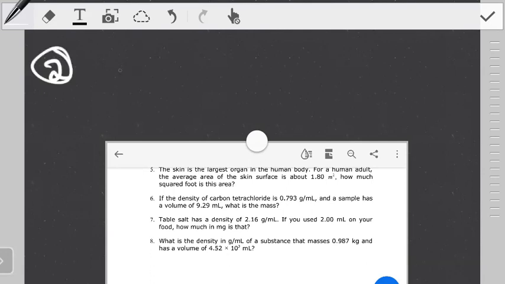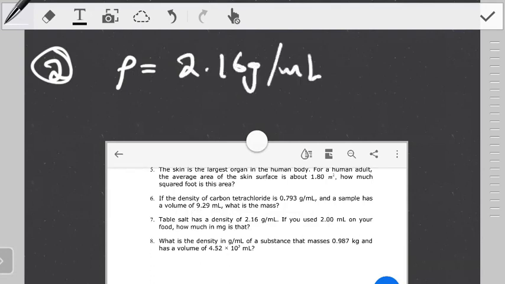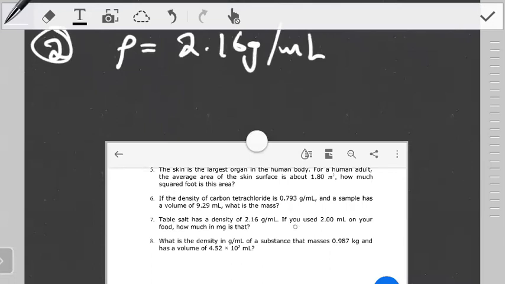So the density here is given as 2.16 grams per milliliter. And then apart from that, what they're telling us is that if you use 2.00 milliliters on your food, so we use a volume of salt, which is 2.00 milliliters on our food, we want to know what mass we have used in milligrams.